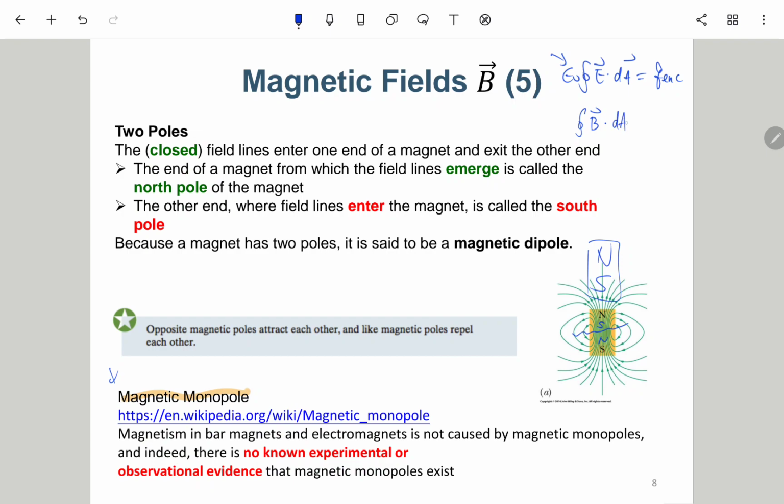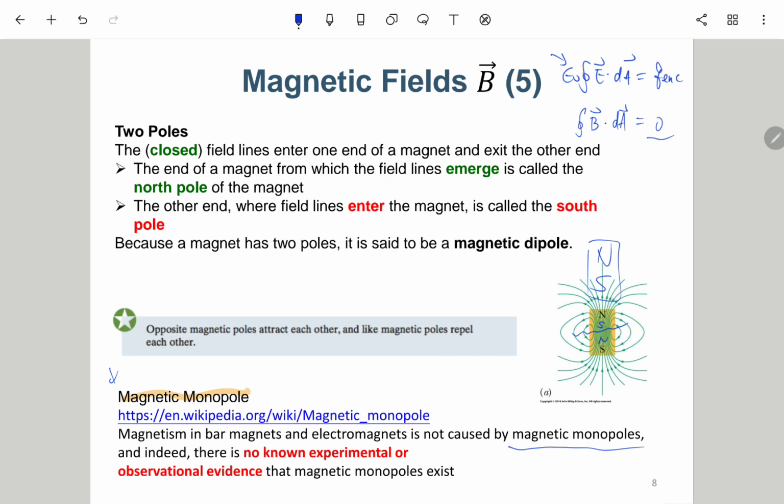So the Gauss law for the B field will be something like this, because we don't have a monopole. No matter how you enclose the magnet bar, the total magnetic flux will be zero. The positive and negative will always cancel each other. If you have interest in that, you can check it out on Wikipedia. It says the magnetism in bar magnets and electromagnets is not caused by magnetic monopoles.